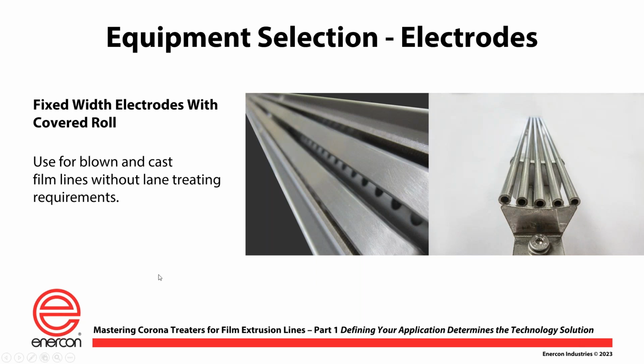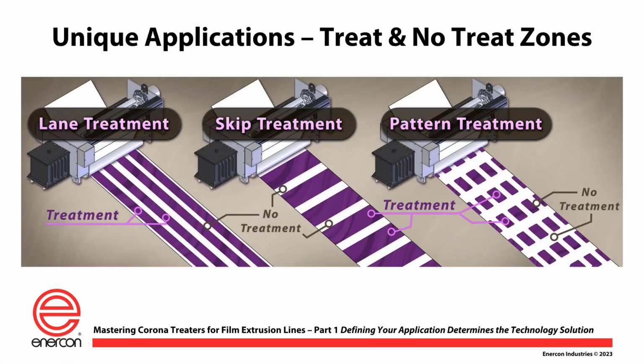And along with that, speaking of unique applications, how many of you have considered in a blown film application a pattern, lane, or skip treatment application? Some of you, this might be new news to you. You might not be familiar with this. Well, if we go back to a segmented electrode style, for example, where let's say we have a 2-meter width, and we have 1/2-inch wide segments in that electrode assembly.